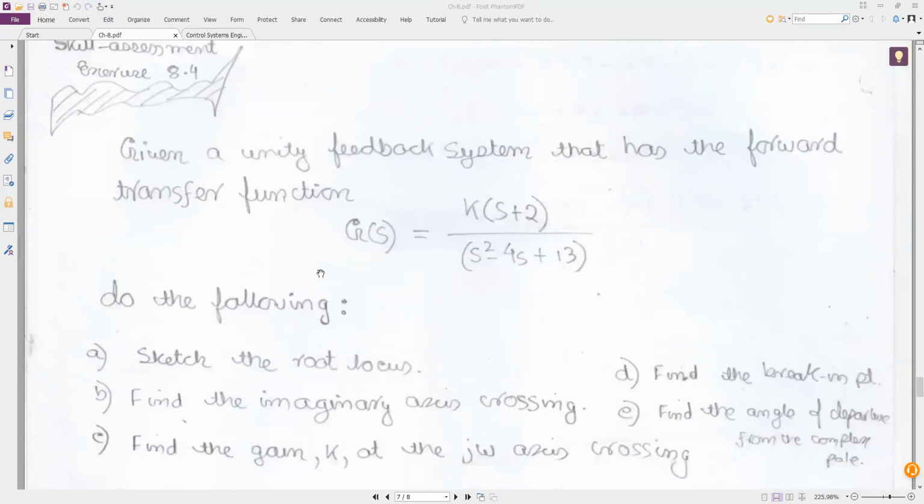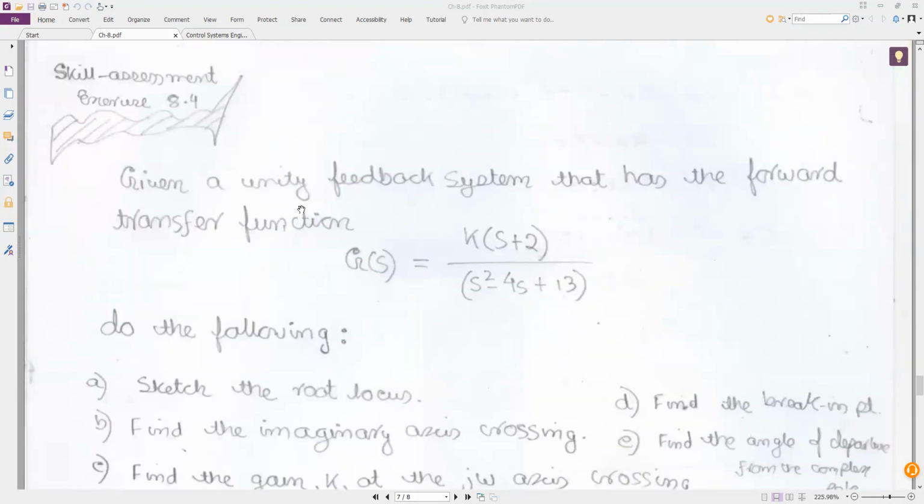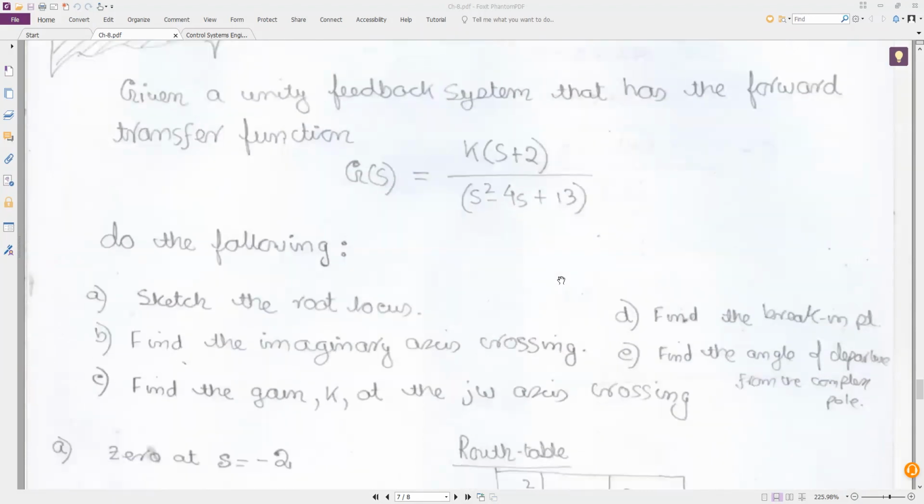Now, see the question here. Given a unity feedback system that has the forward transfer function, so it is a transfer function. Now you have to calculate these things.